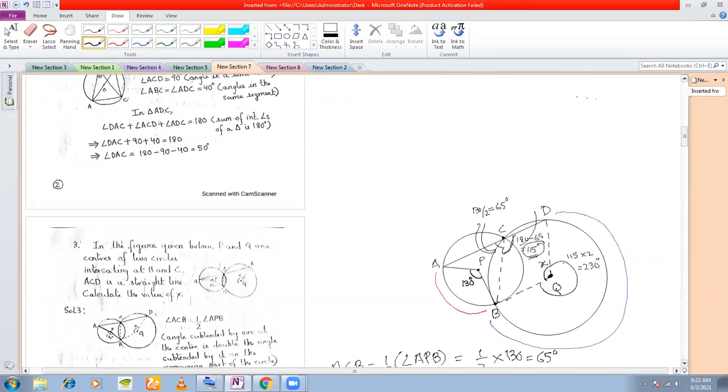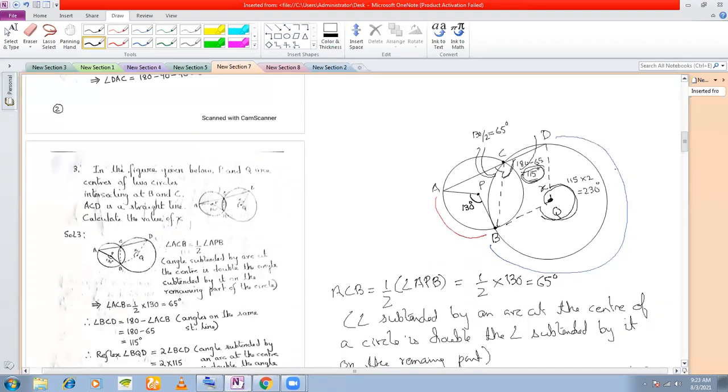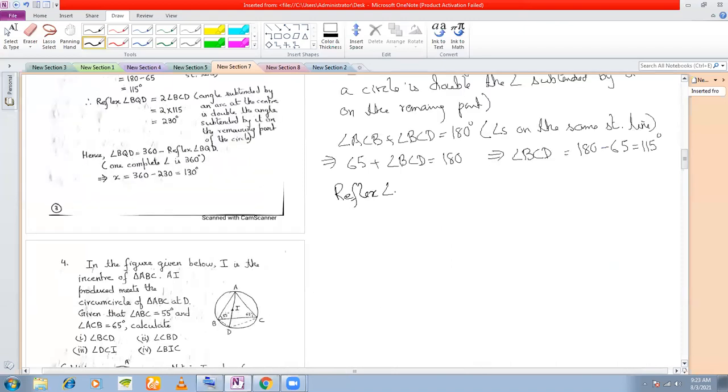Now once this angle is 115, as I told you, this angle must be double of 115 because this angle is subtended by the blue arc at the center. 115 degree is the angle subtended by the blue arc on the remaining part of the bigger circle, right? So therefore, we write reflex angle BQD is double of angle BCD, which is equal to 2 into 115 degree, which is equal to 230 degree.